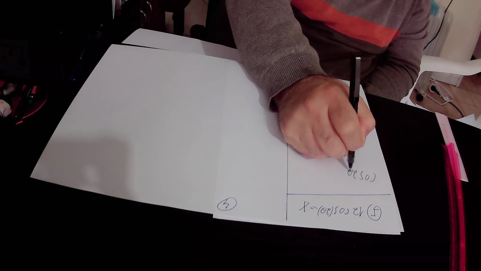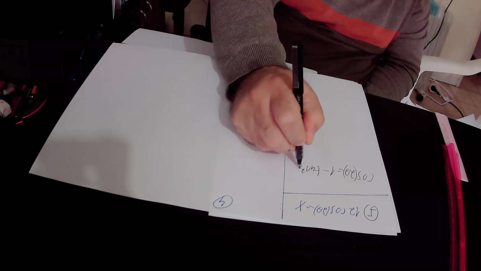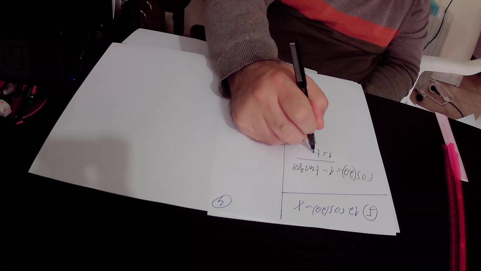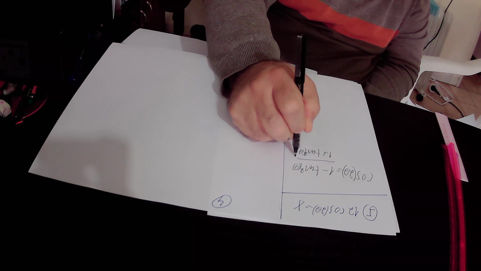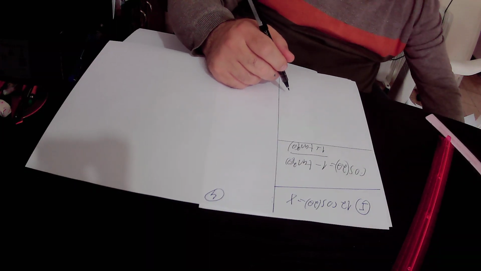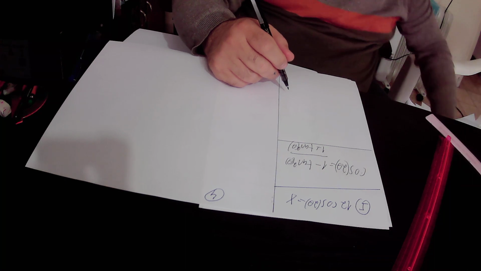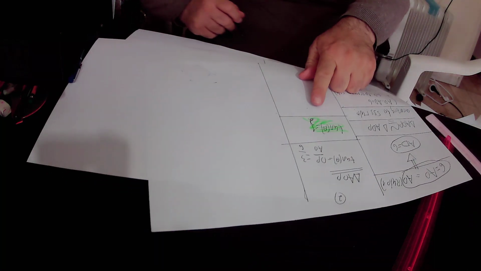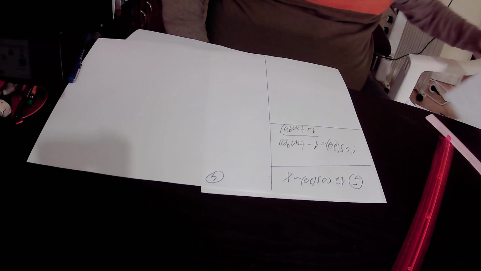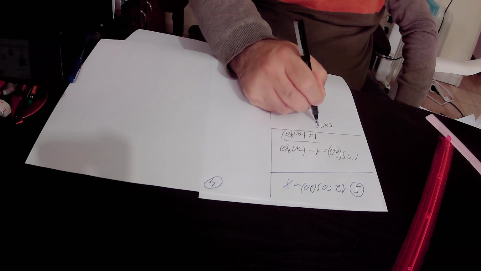Here cosine 2 theta equals 1 minus tangent square theta over 1 plus tangent square theta, and we have already found out that tangent theta equals 1/2, according to what we have already found out.